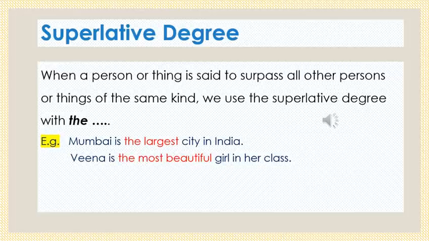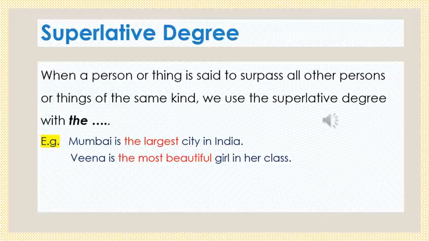The third degree of comparison is the superlative degree. Superlative degree means adjective of outstanding quality, or we can say the supreme. In grammar, the superlative degree denotes the form of an adjective or adverb that expresses the highest or a very high degree of quality, the topmost.